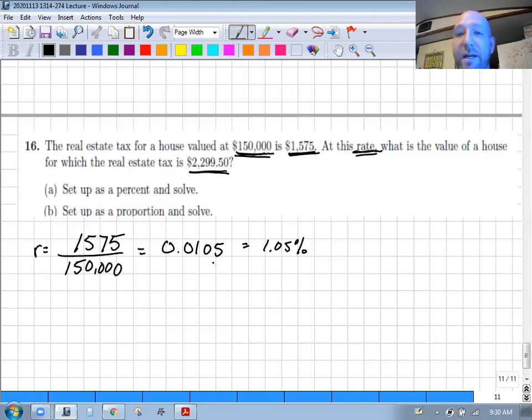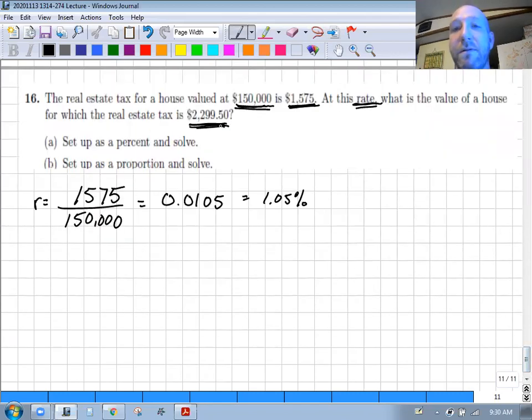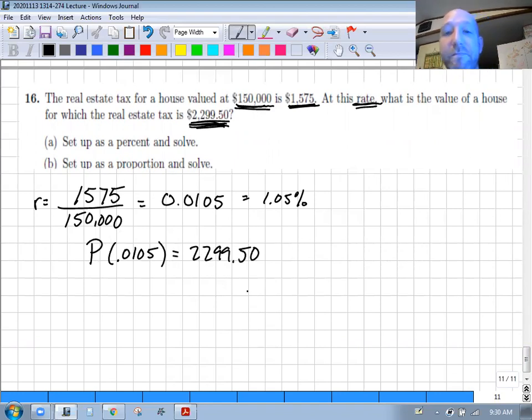So at that rate, here's this other house, and its taxes are that much, right? So whatever the principal is for the other house, when you multiply it by this tax rate, you should get this $2,299.50.